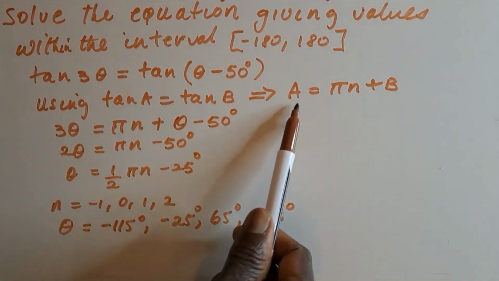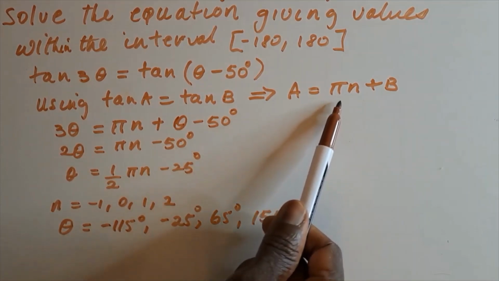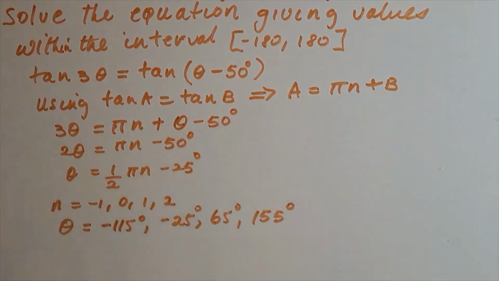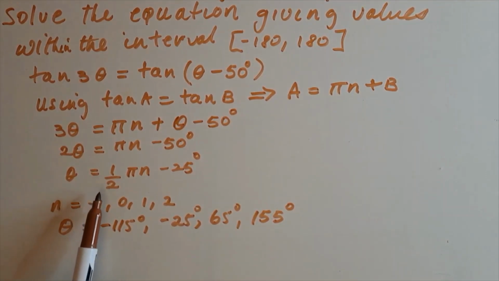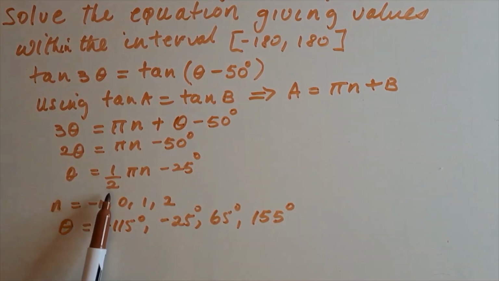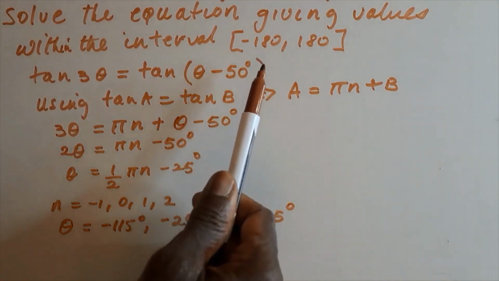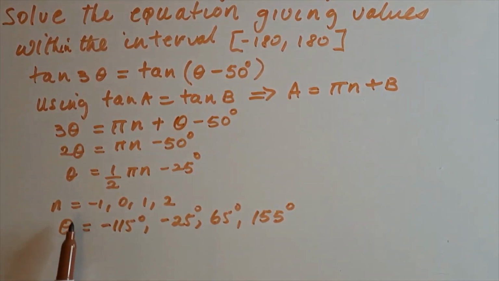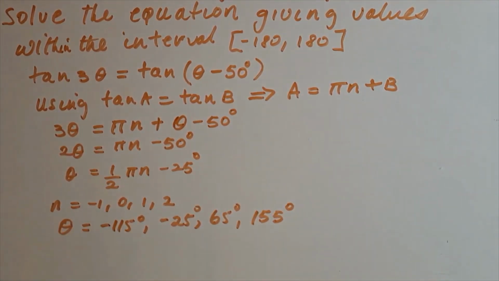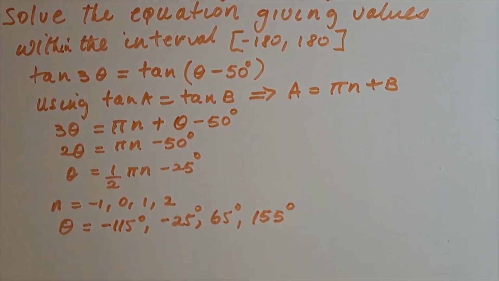And that implies that our solution set A will be pi times n plus the angle B. And this is what we come up with, a general solution. And for specific values that lie within this range, we have n equal to negative 1, 0, 1 and 2.